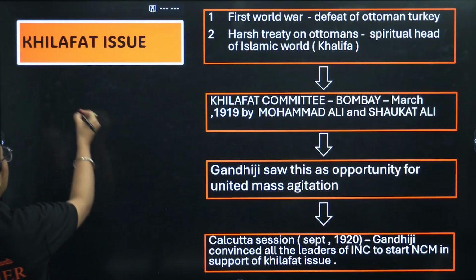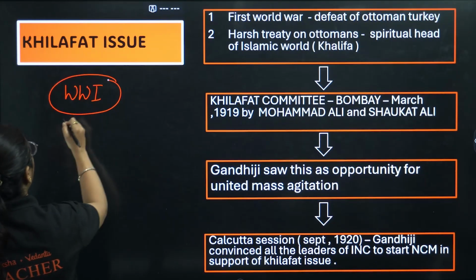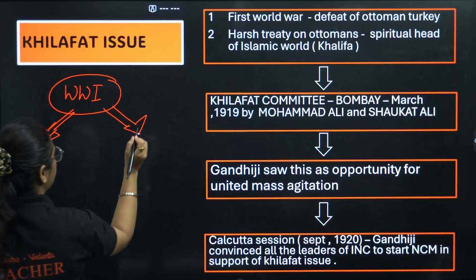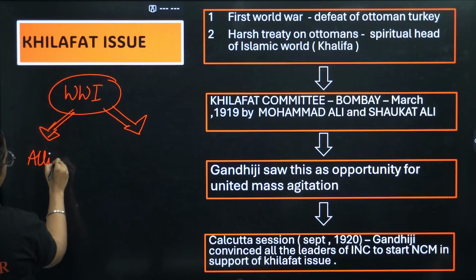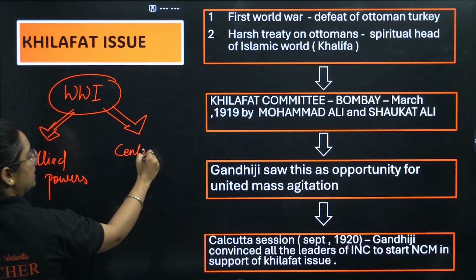Now see, in the world we were fighting the First World War. The First World War was fought between two parties. Pay attention. There were the Allied powers and the Central powers.